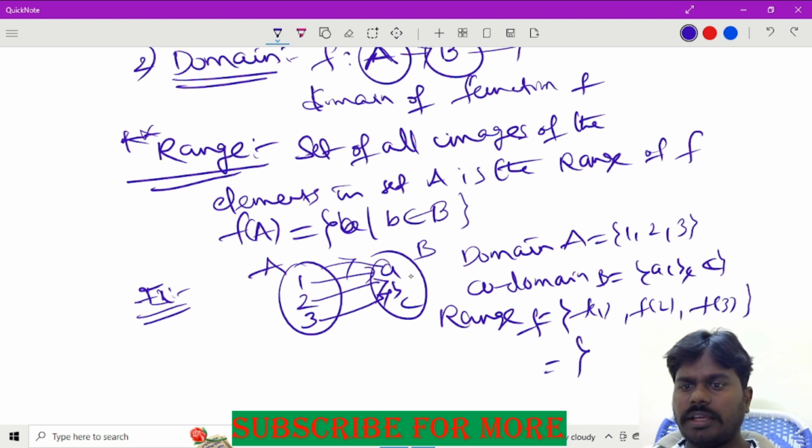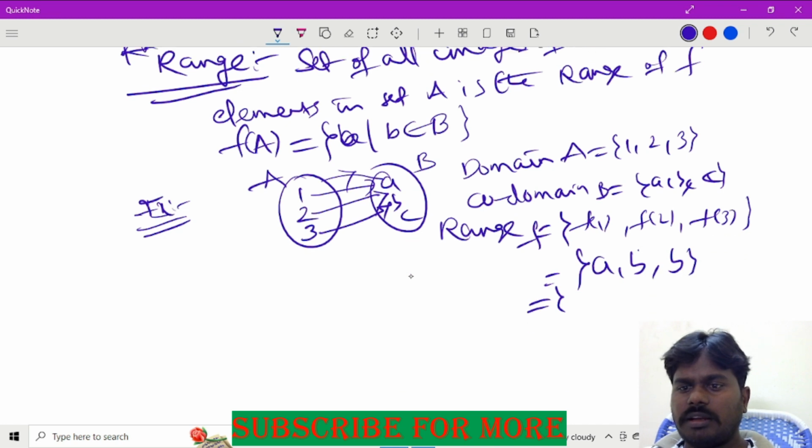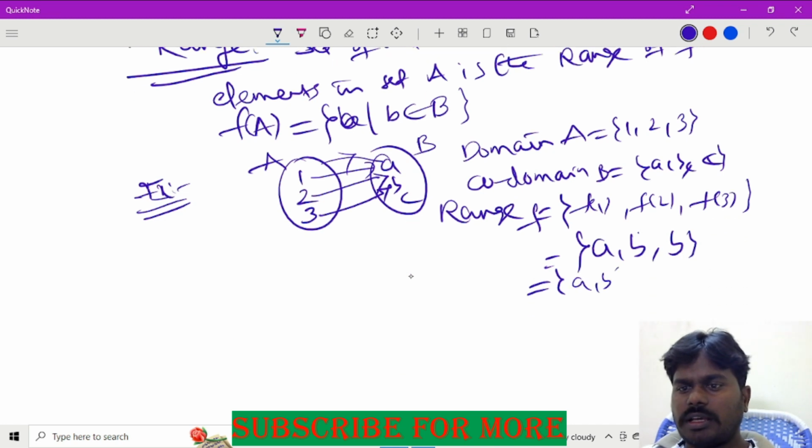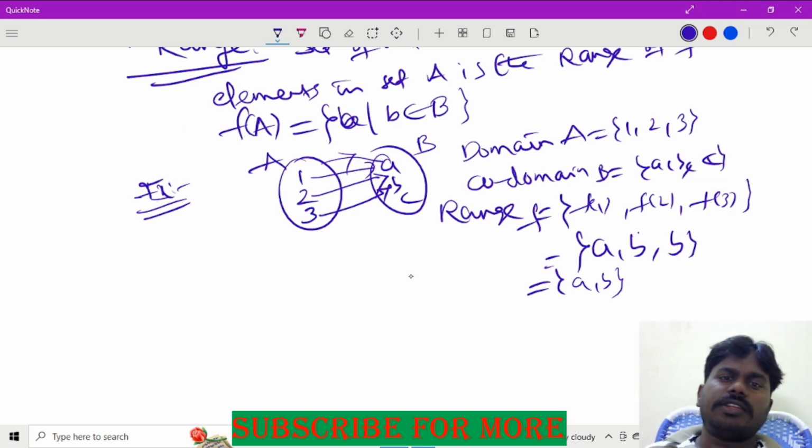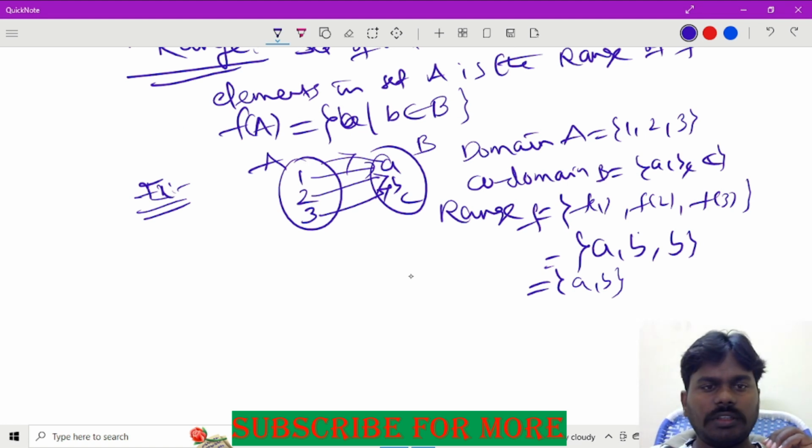That is, f(1) is a, f(2) is b, and f(3) is again b. Repetition of an element in a set is immaterial, so it is {a, b}. So this is the range of the function f, right?